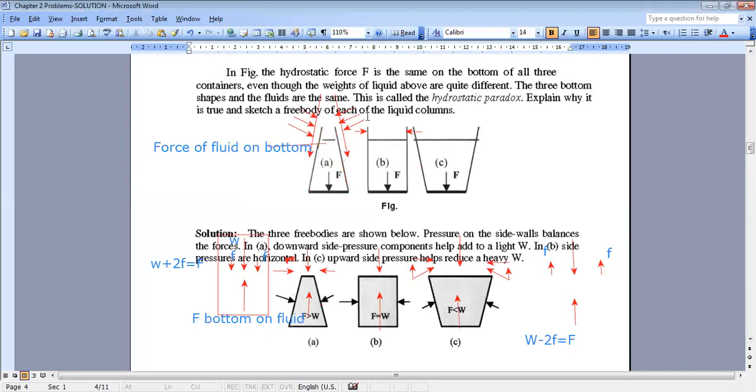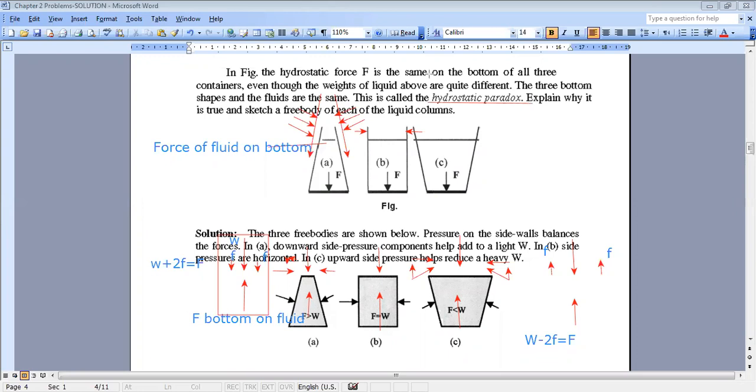Because they told you, sketch the free body diagram in order to prove the hydrostatic paradox. And this hydrostatic paradox tells you that even if the shape of the container is different, if you have a common bottom area, the same fluid height, and the same fluid type, then F will be the same, whatever the weight of the fluid above it.